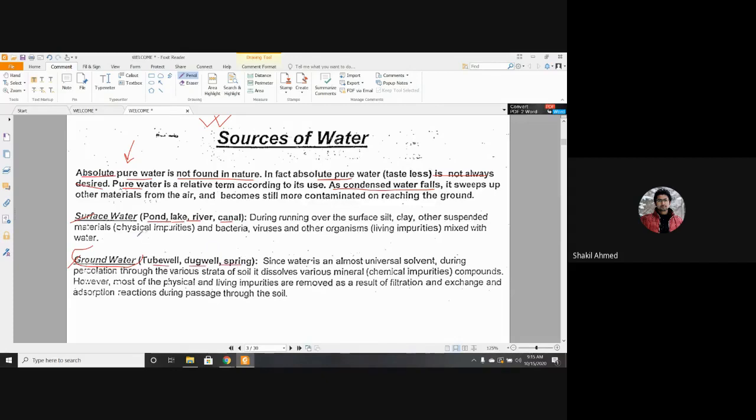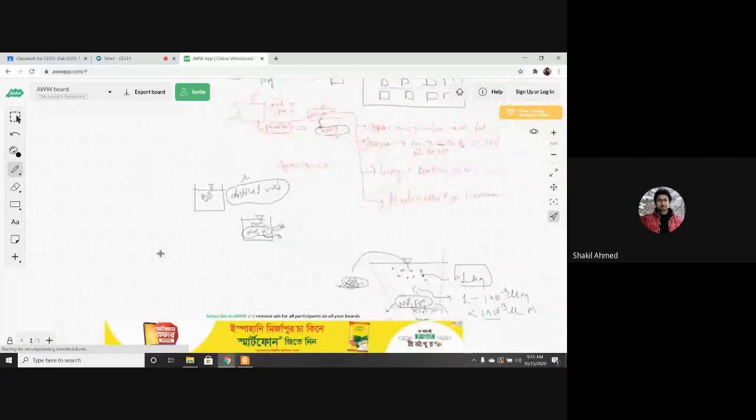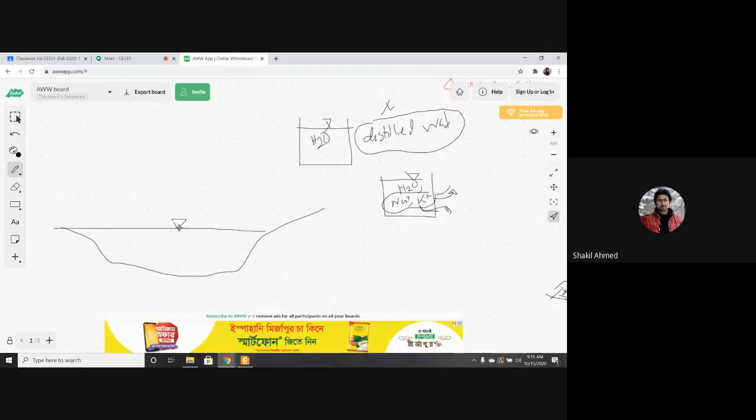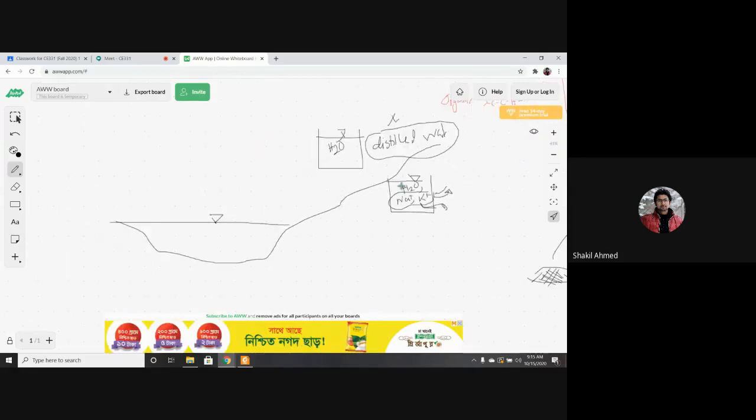Now, a distinctive difference between surface water and groundwater. In the case of surface water, you have mountains or uphill.